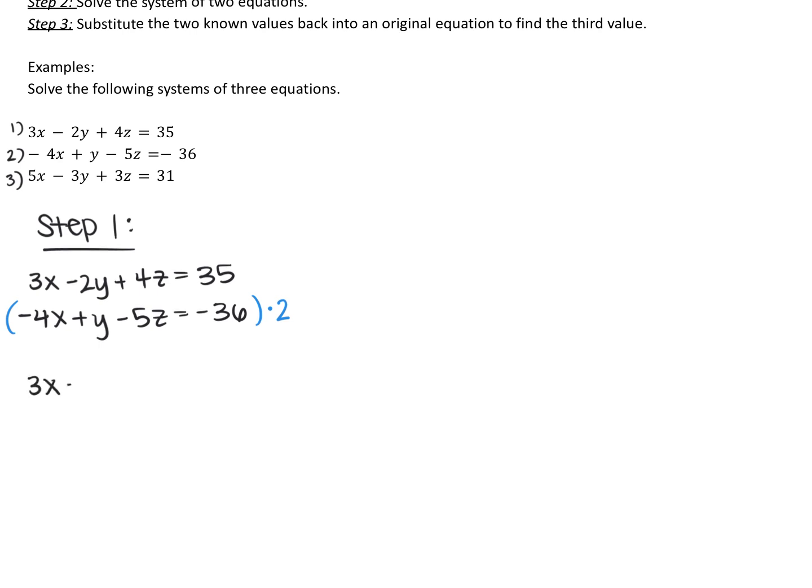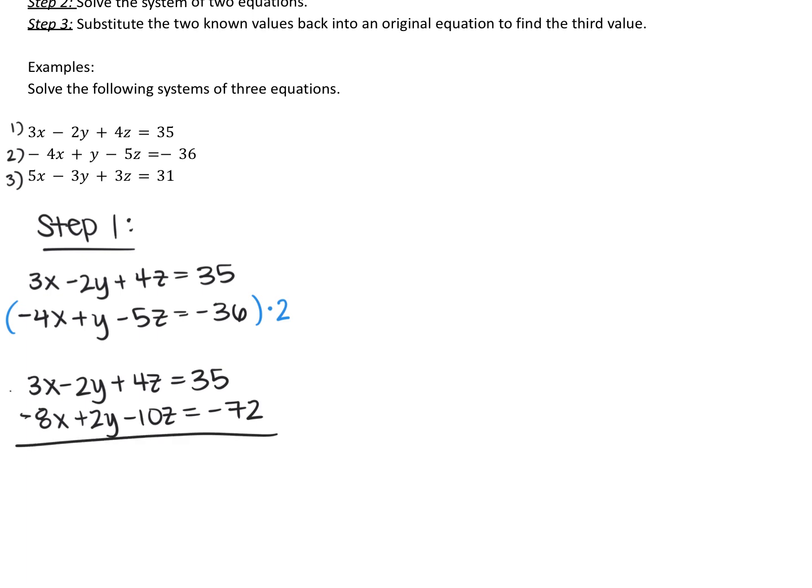So we have 3x minus 2y plus 4z equals 35, and then we have negative 8x plus 2y minus 10z equals negative 72. We're going to still add our equations together like regular elimination. So we get negative 5x minus 6z equals negative 37.